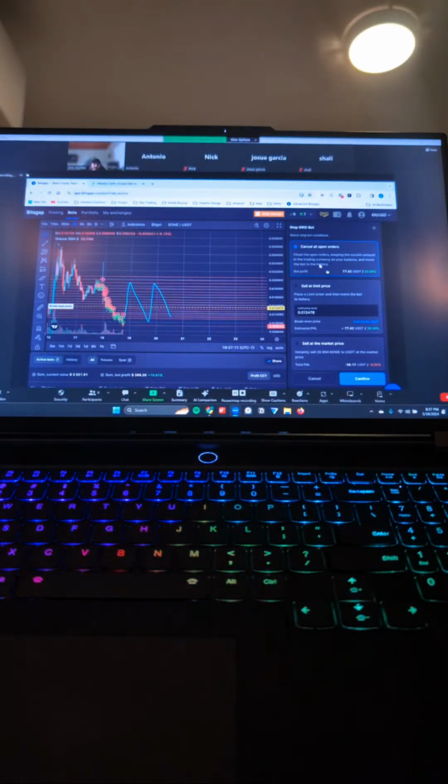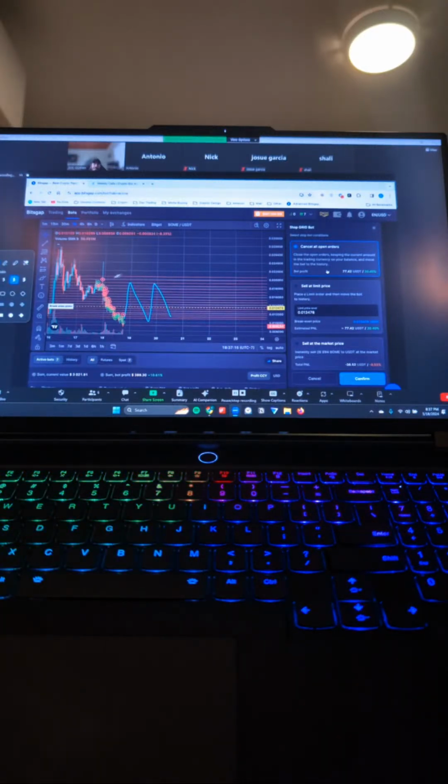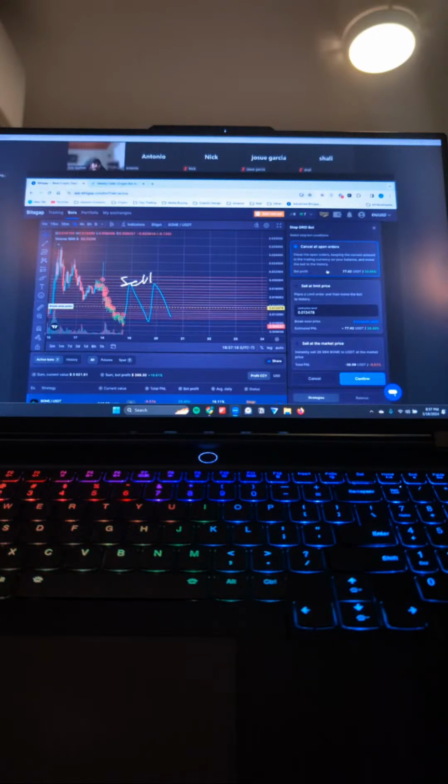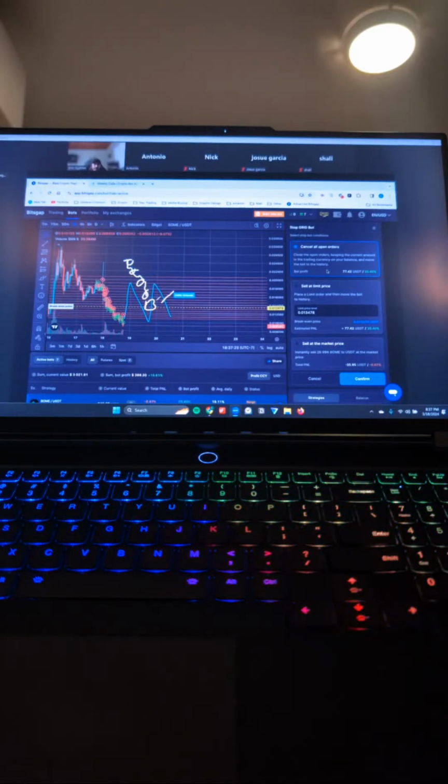Open orders are all of the buy orders the bot has made that are ready to be sold, but haven't been sold yet.